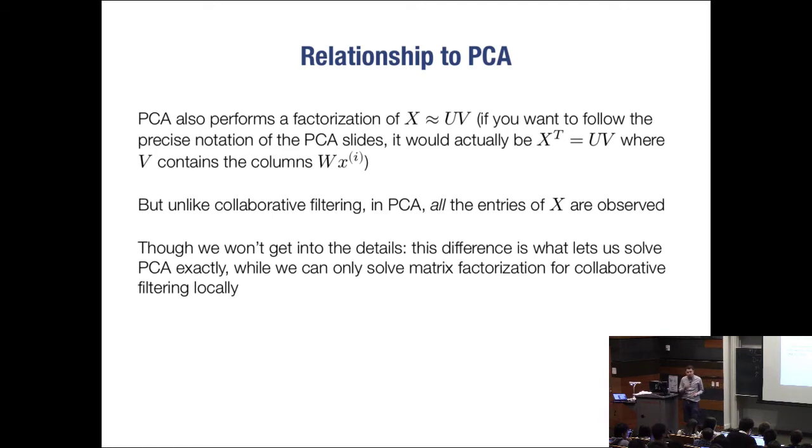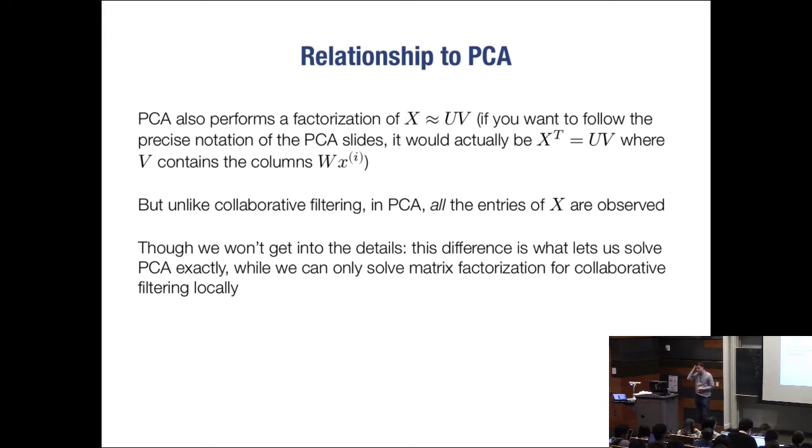It turns out, as I highlighted before, that there is an exact solution based upon an eigenvalue or singular value decomposition of the matrix X. Though we won't get into the details here, this makes a very big difference mathematically. So PCA can be solved exactly, despite this weird low rank structure, because all the entries are observed.